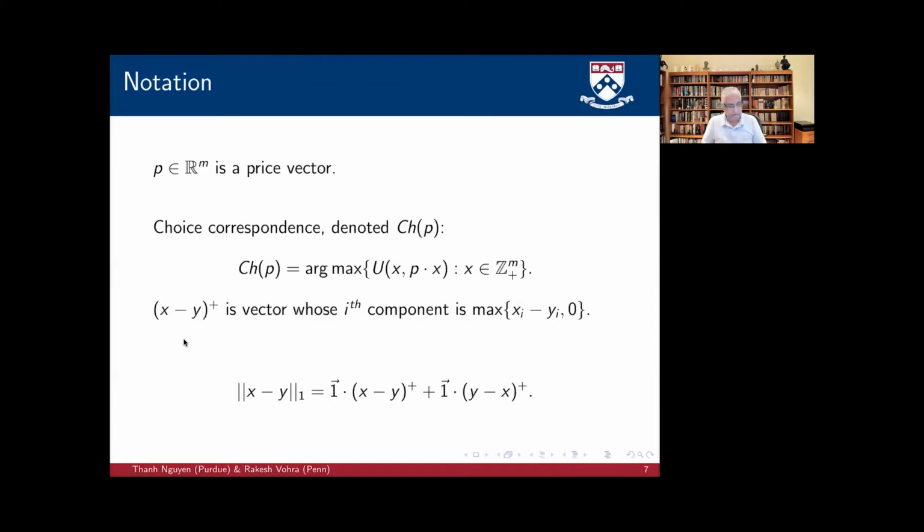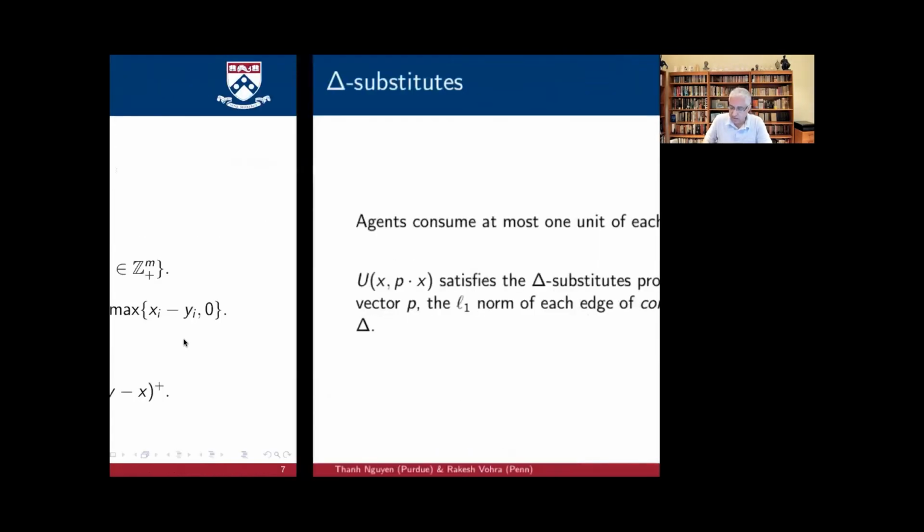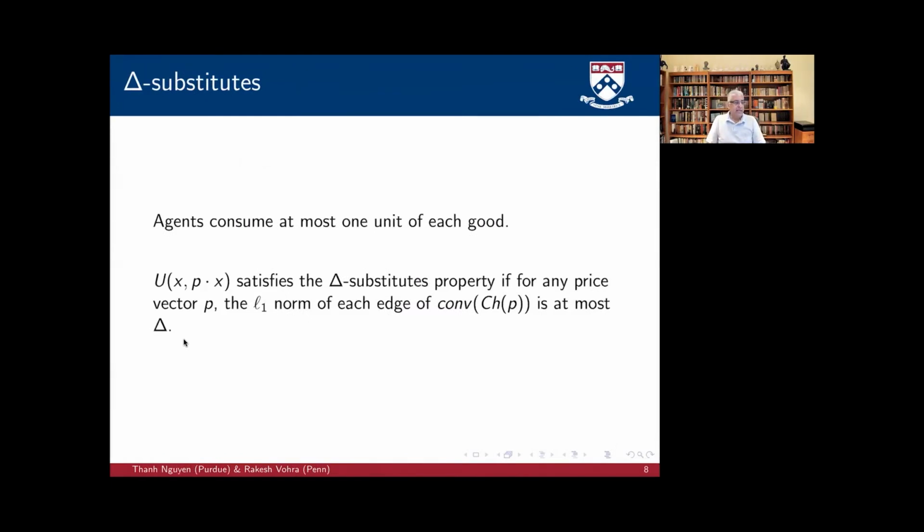Okay. Any questions so far? Okay, so here is the important condition. I make no apologies for the fact that this seems like a rather abstract condition. Later on, I will try to persuade you that it has a reasonable interpretation.